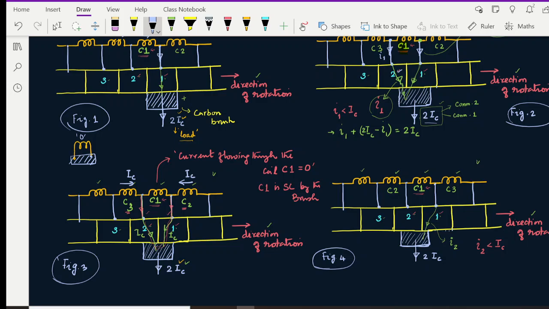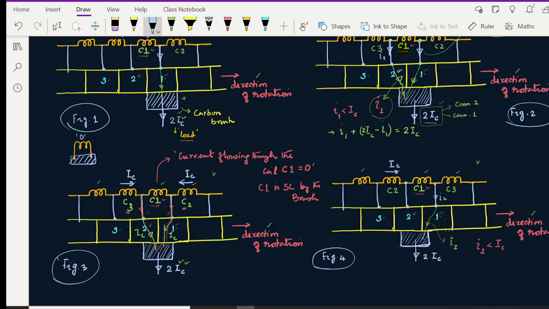Then in that case, in coil 2, let us say the current is still IC, and this branch has a current of I2.